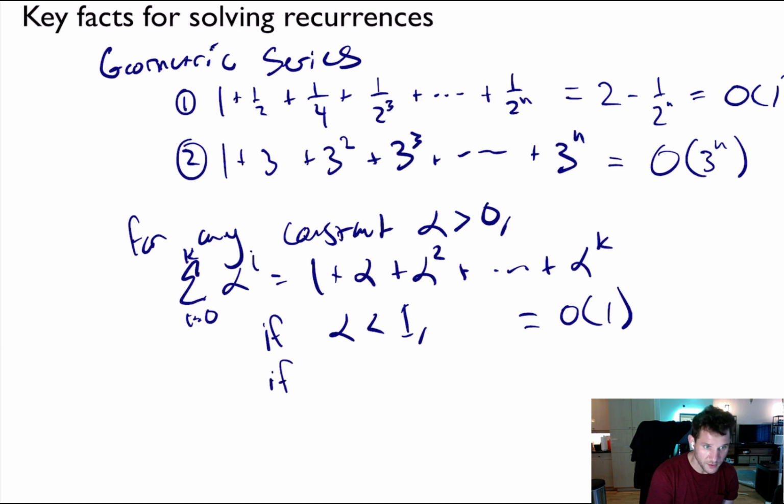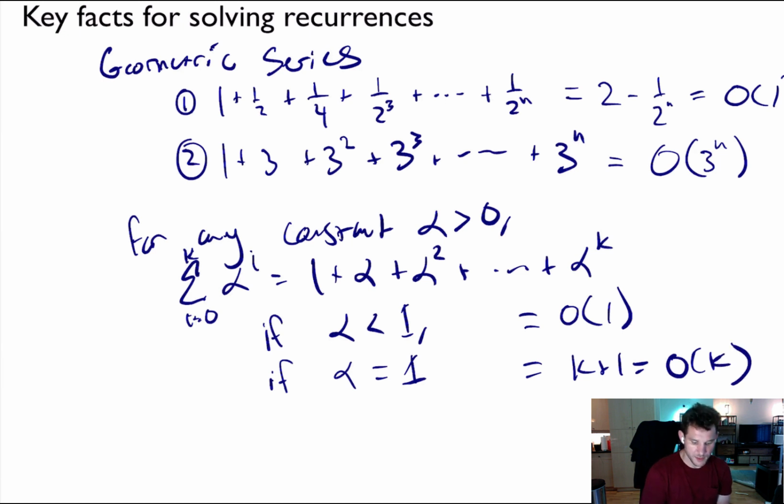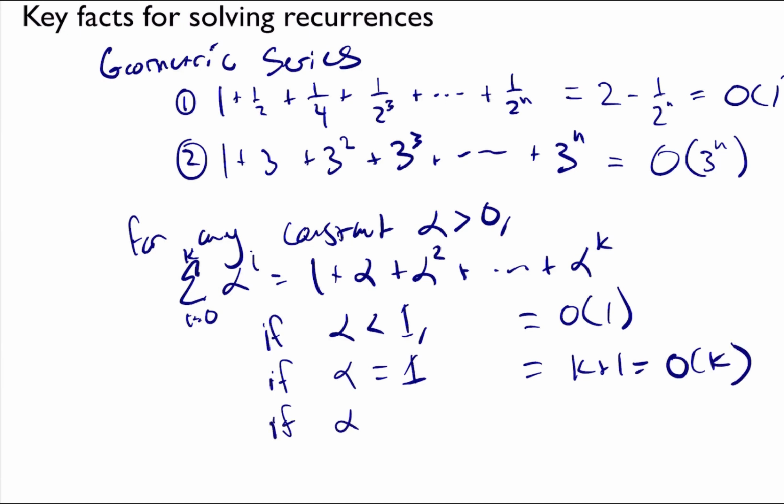If alpha equals 1, this is easy: it's just k plus 1, which is on the order of k. And if alpha is greater than 1, then the last term dominates, and this thing is on the order of alpha to the k. If you want, we can even call this a lemma. I'm not going to prove it here, but it's pretty straightforward to prove.